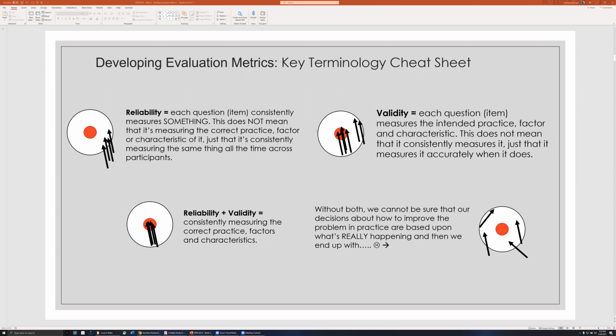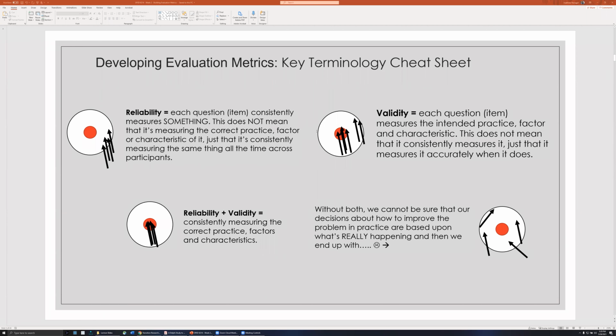It doesn't mean that it measures what you want it to measure. So you had in your mind that you wanted this question to measure a particular practice. Let's say I wanted to measure the frequency of the use of direct modeling in my community-based instruction. So that's what I want to measure.